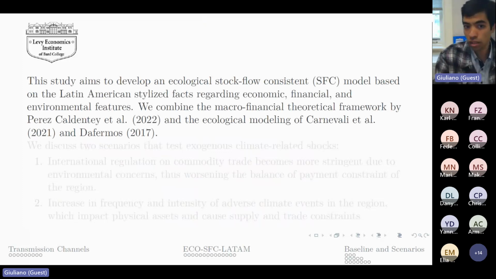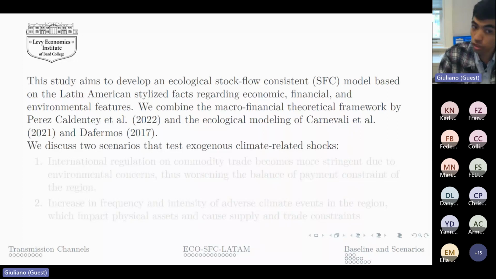So what's the aim of the study? The aim of the study is to develop an ecological stock flow consistent model based on the Latin American style aspire regarding economic, financial, and environmental features. We combine the macro financial theoretical framework put forward by Perez Candete and others, with the ecological modeling from Yannis and Maria, and also Carnevali and a bunch of Italian co-authors.